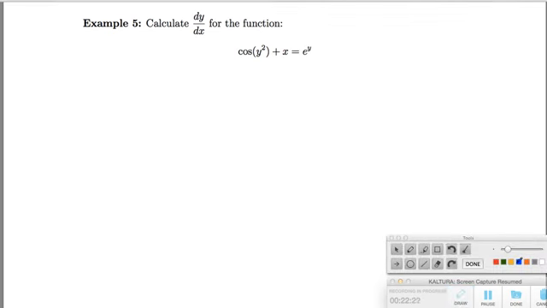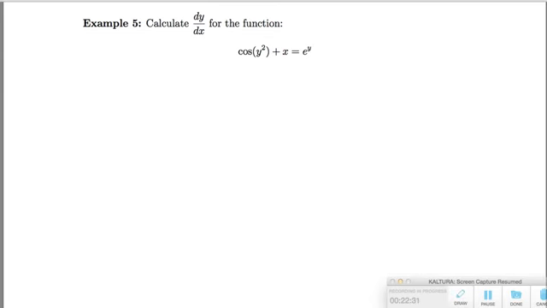So what we're going to do is, we've got cosine of y squared plus x equals e to the power y. So first we're going to take d dx on both sides of the equation.